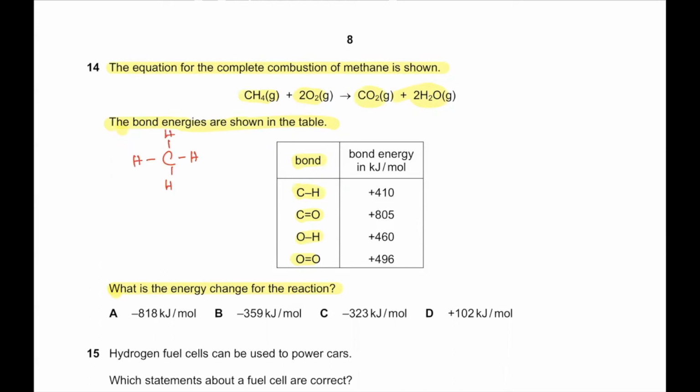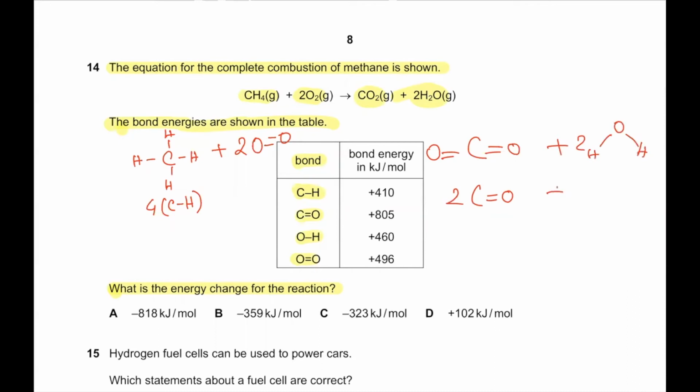And then plus, which is reacting with 2 O=O double bond. So 4 C-H bonds are reacting with 2 O=O, and that is producing CO2, which is 2 C=O double bonds, and 2 water, where each water molecule is represented here. So thereby it is 4 O-H bonds, as we can see. So we represent everything in a diagram like this.